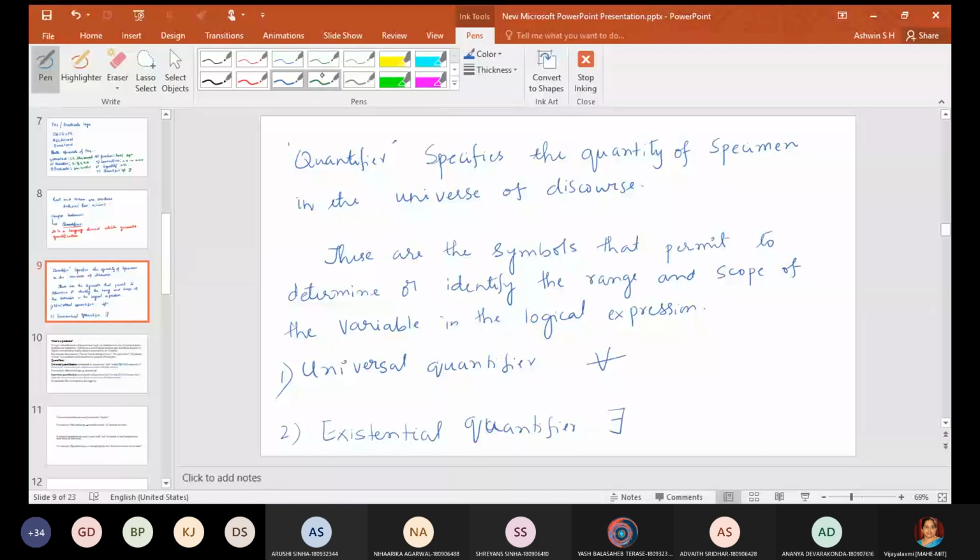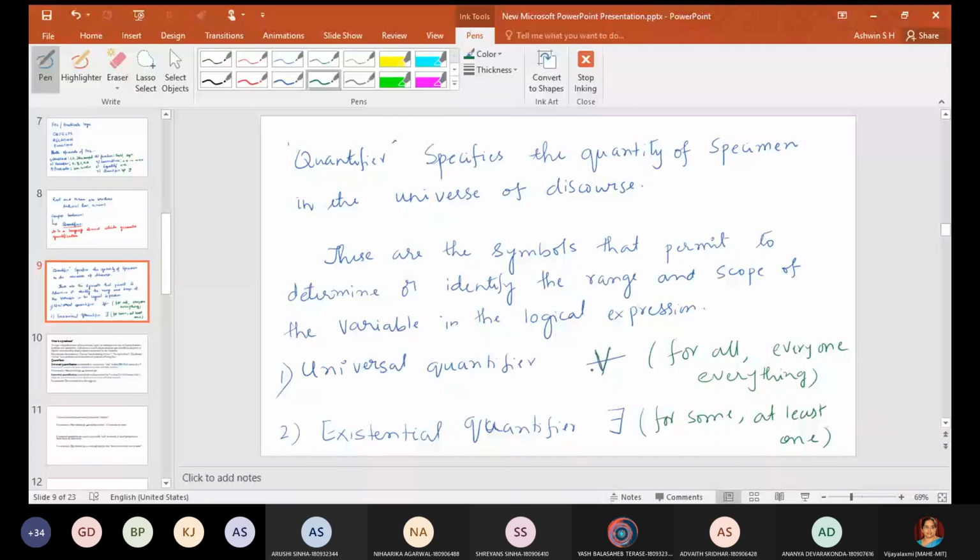The meaning of the universal quantifier is for all, or everyone, or everything. When it is the existential quantifier, the meaning is for some, or at least one.